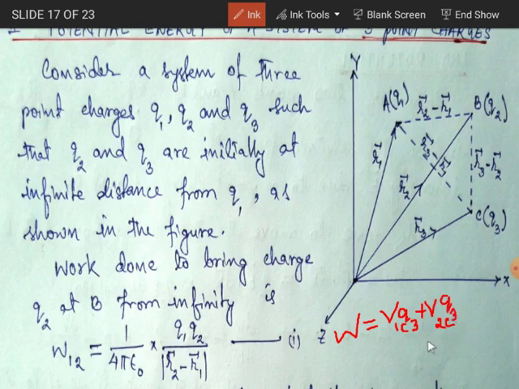Got it? So this is the amount of work done in bringing that q3 from infinity against the electrostatic field due to q1, and the second term is against the field due to the charge q2. So this is the total work done. Got it? So let's see.